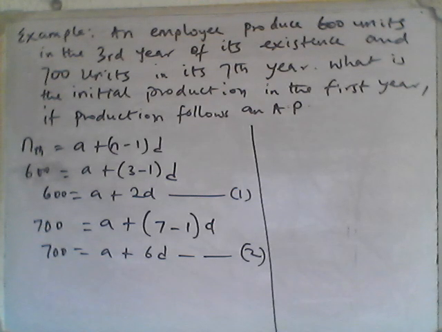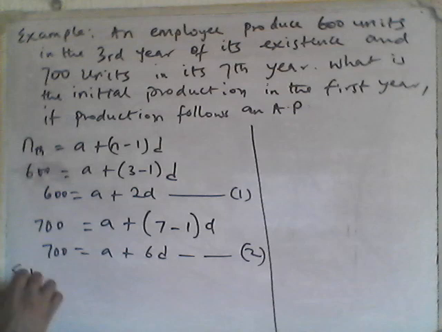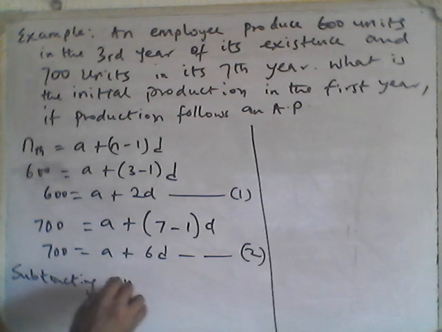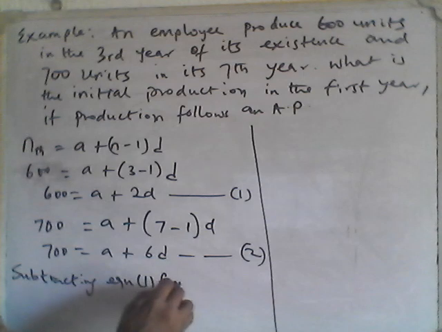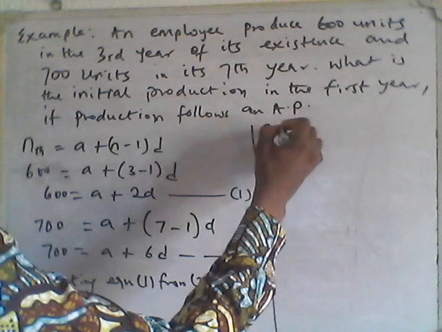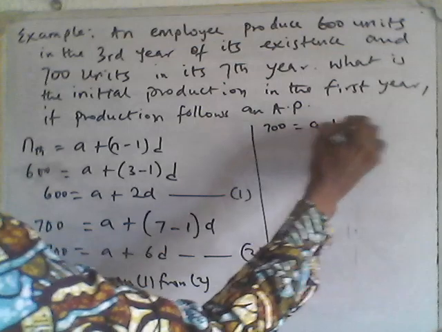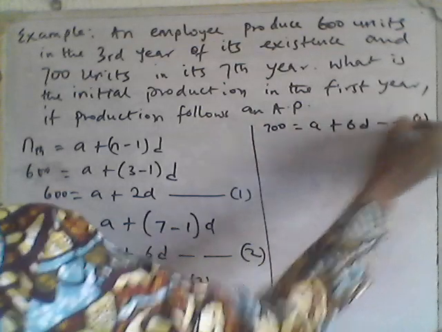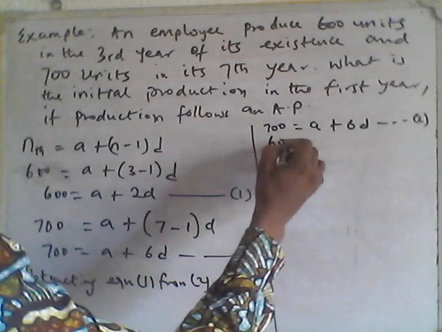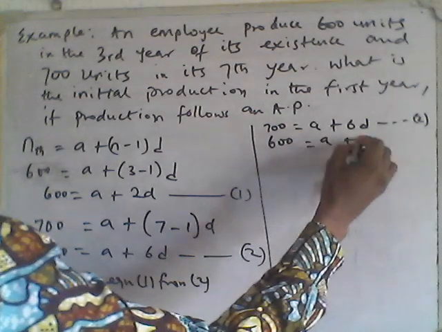How do I do that? This is just simply by subtraction. I will subtract equation 1 from equation 2. I can rewrite it, put equation 2 up first: 700 is equal to A plus 6D, this is equation 2, and equation 1 is 600 equals A plus 2D.